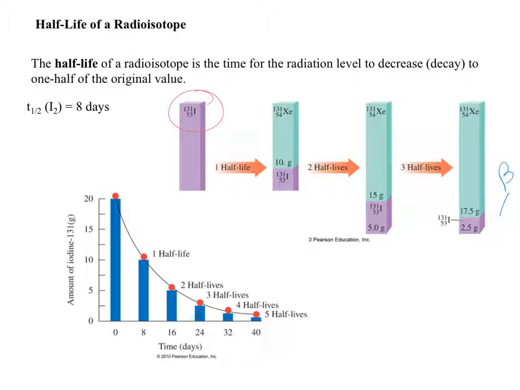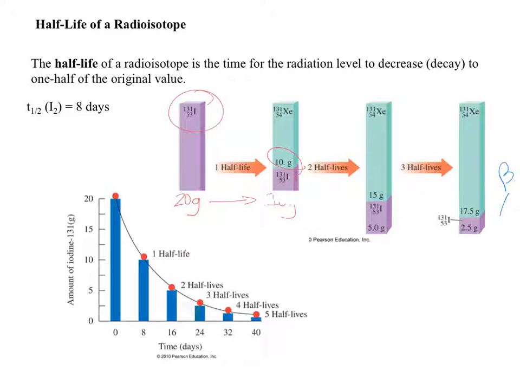Imagine you're starting with 20 grams of reactant, no product, and after the first half-life, that 20 grams becomes, you can see right here, 10 grams. This is of the iodine 131, the reactant that's decaying. I'll talk about the product in just a second.